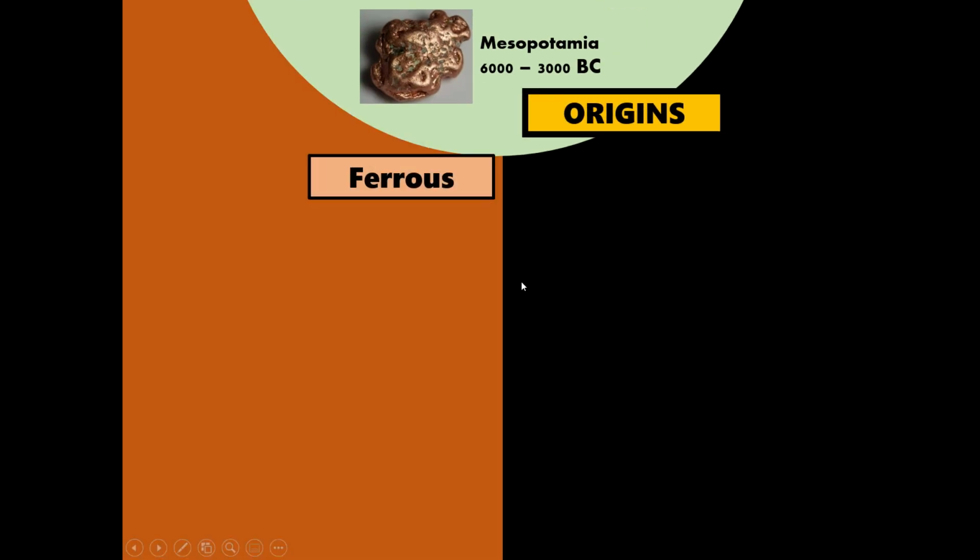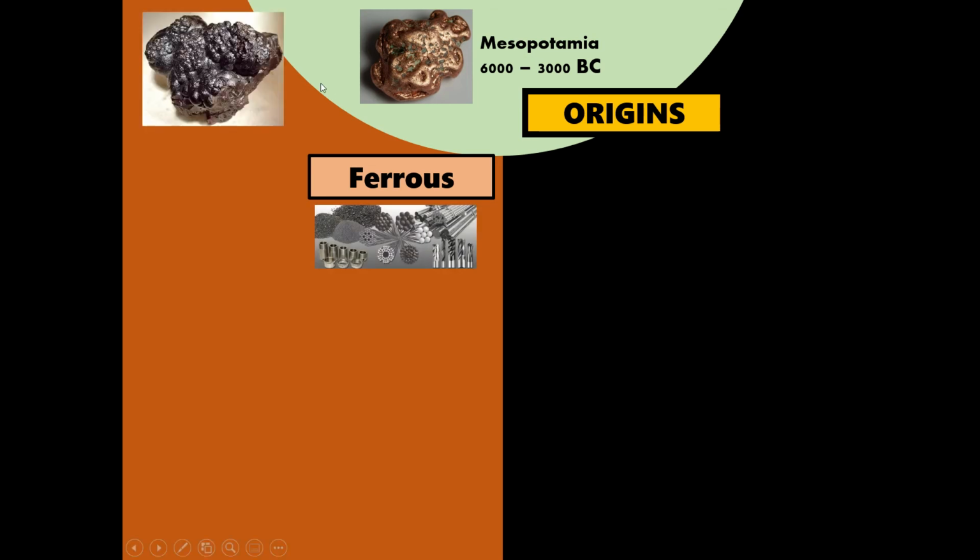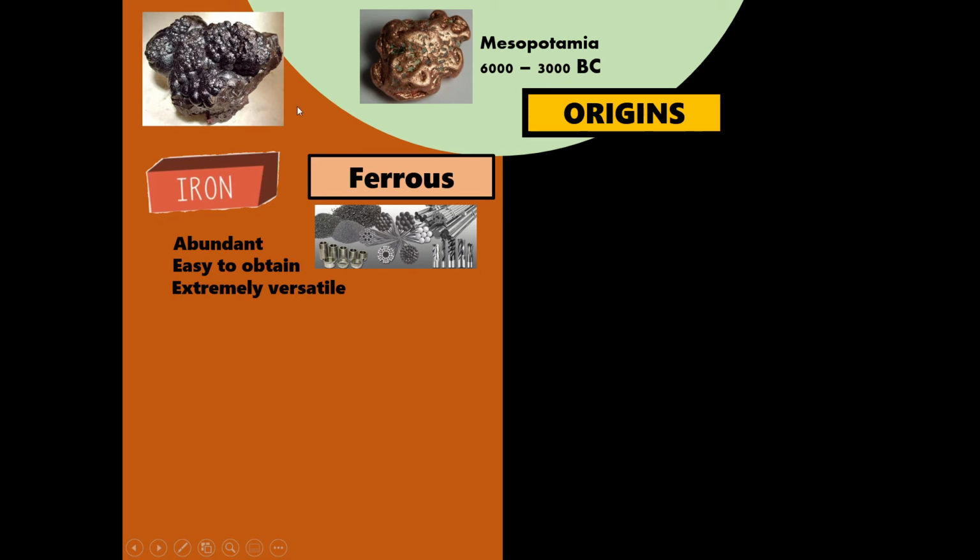So alloys are divided into two types. When we say alloy, it is either ferrous metal alloys, which are basically made from iron. The reason why iron is chosen here is because it is abundant and easy to obtain, and at the same time extremely versatile, which means that iron can be easily processed.